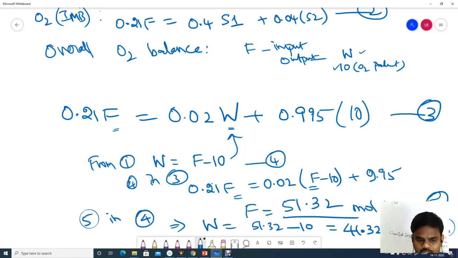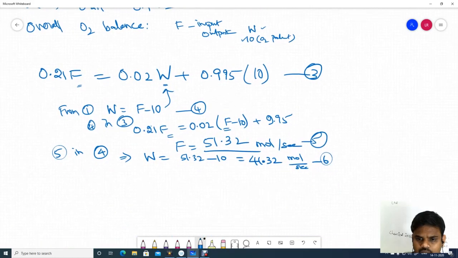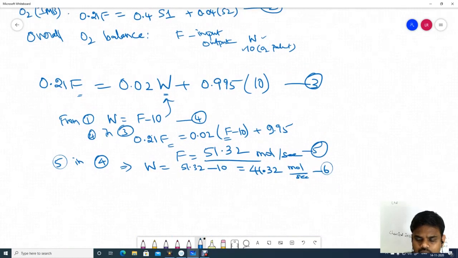That will be equation number 6. So we have determined the F value 51.32 and the W value 41.32, equations 5 and 6, right?